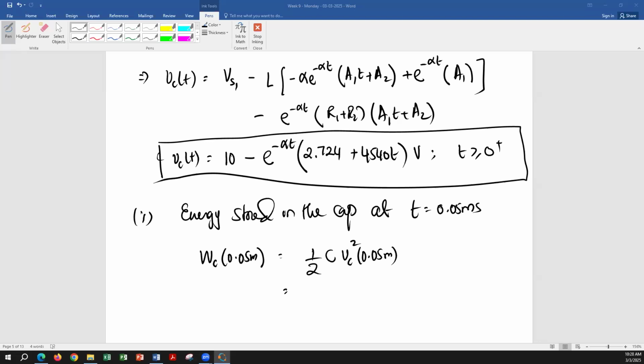Okay, so VC is 8.334, and that is going to give us WC is C times VC squared by 2. So I'm getting 3.47 microjoules for this.